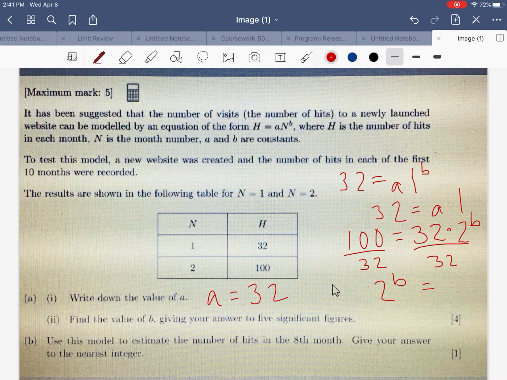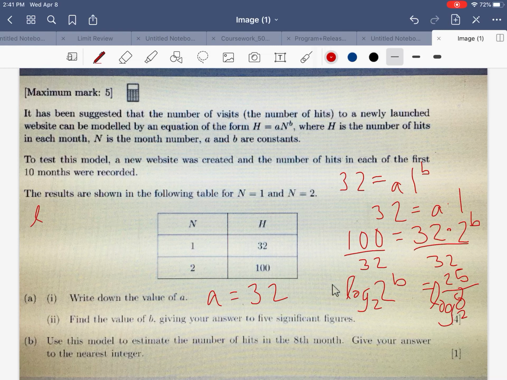I'm going to go ahead and reduce that down by 4. 100 divided by 4 is 25. 32 divided by 4 is 8. And so to get rid of that 2, we can take log base 2 of both sides.